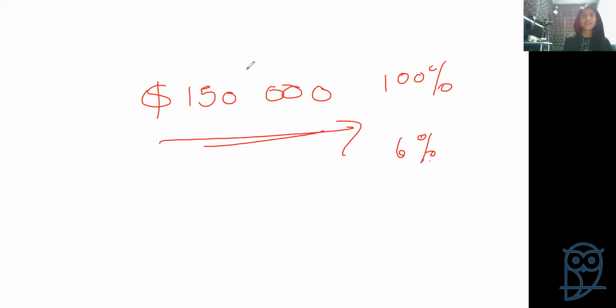Okay, firstly, we say 100 plus the 6%, because now that would be my property value. 100%, which is what I bought it at, increased by 6%. So now I'm calculating it out of 106%. Now, how do I write 106% as a decimal number? Okay, so I write 106% as a decimal number by saying 1.06.